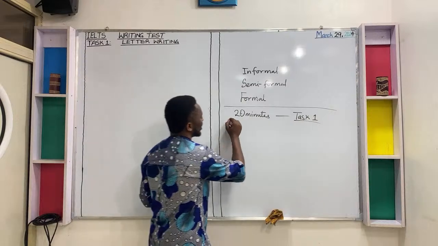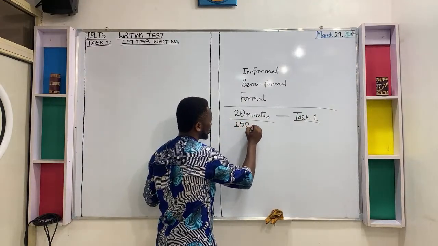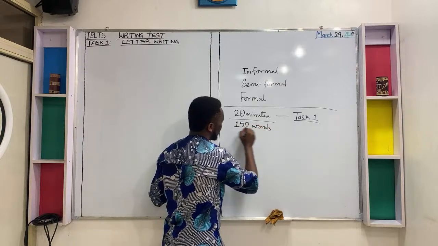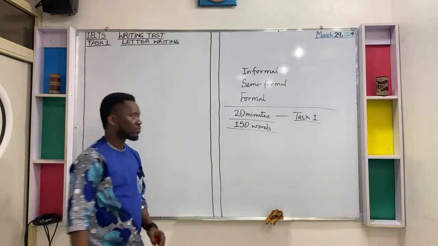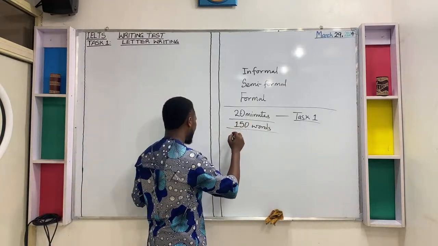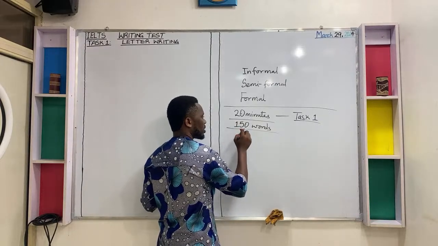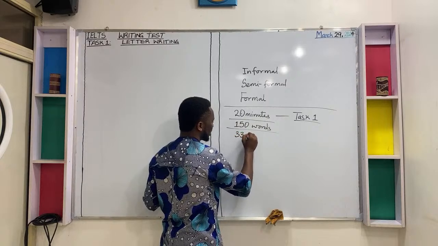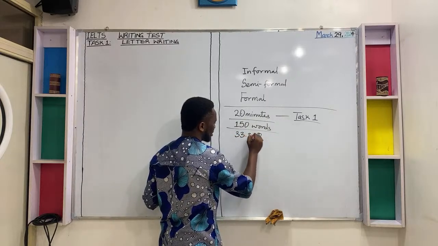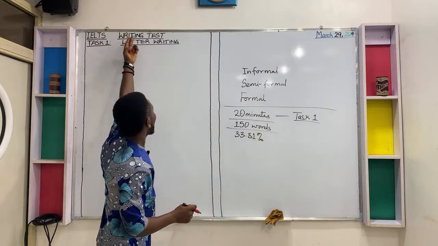Within the 20-minute period, you're expected to write a minimum of 150 words. Minimum. You can write more. And then the maximum rate you can get from your letter, that's task 1, is 33.31%. That's the maximum you can get from writing tests.